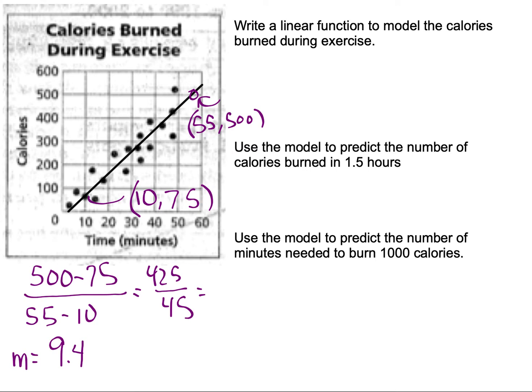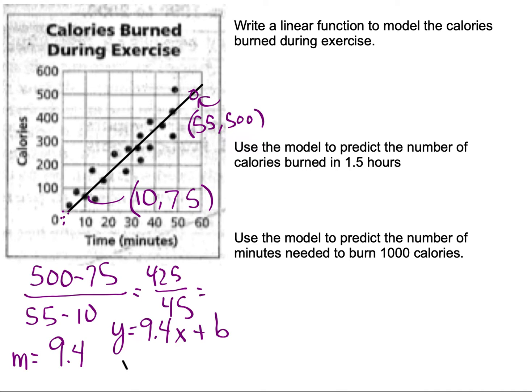Remember from there, we could almost estimate what the y-intercept is here. We can't quite see it. It's probably around -20, -25. But just going to find out for sure. We're going to do y equals 9.4x plus b. And we're going to plug in for y and for x and then solve. Let's do this 10, 75.